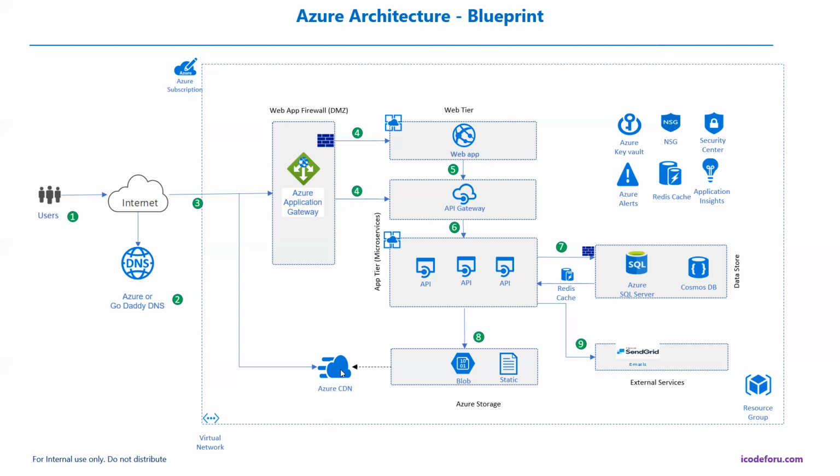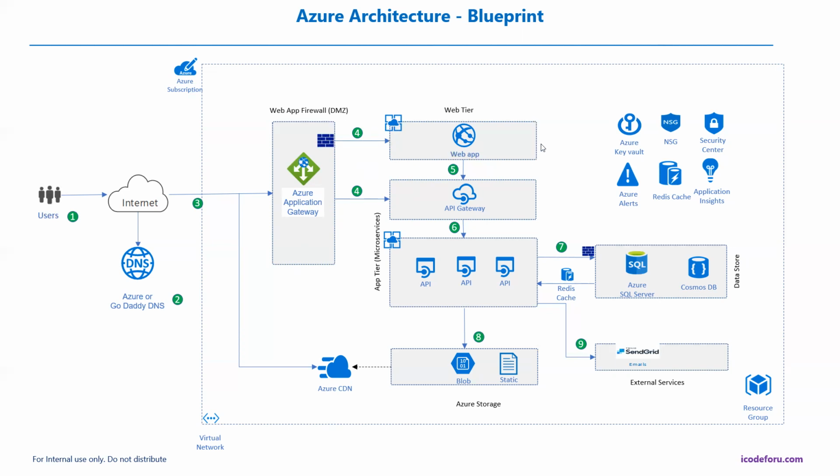I will talk about the Azure CDN a little bit later. But in the application gateway, I'm going to have backend pools: a backend pool for the app service environment and a backend pool for the API management. Depending on the request, those backend pools will be called as part of step 4.